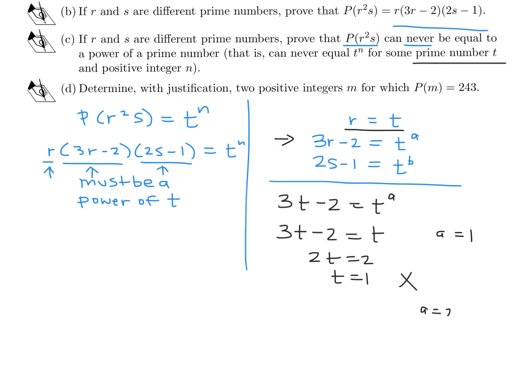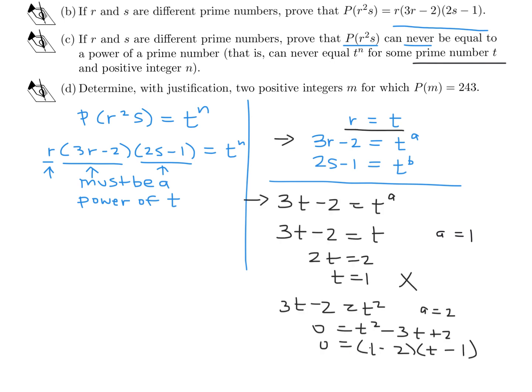Let's try a equals 2 this time and see what happens. Then this equation becomes 3t minus 2 is equal to t squared, and therefore t squared minus 3t plus 2 is equal to 0. When I factor this, I get (t minus 2)(t minus 1), so t is equal to 2 or 1.